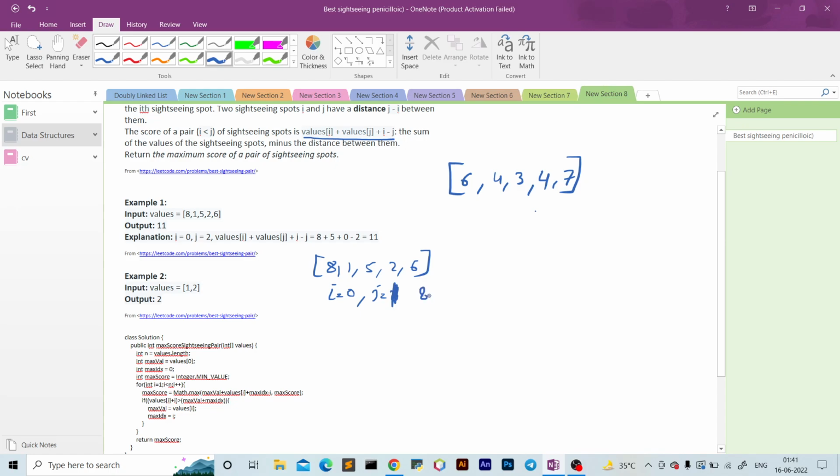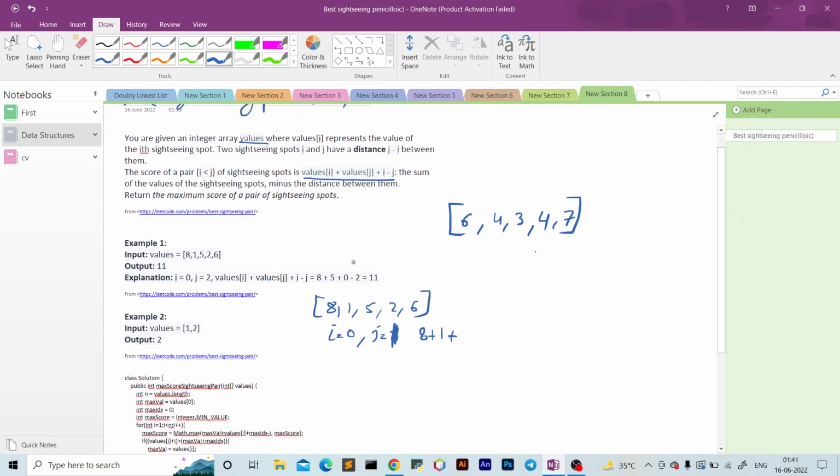So it would be 8 plus 1 plus 0 minus 1, which is 8, and then I0 J2, which is 8 plus 5 plus 0 minus 2, which is 11.